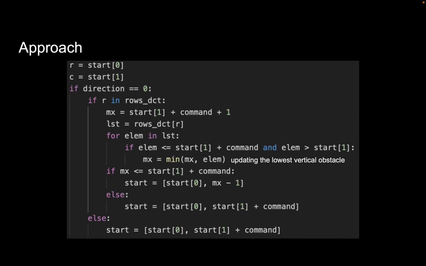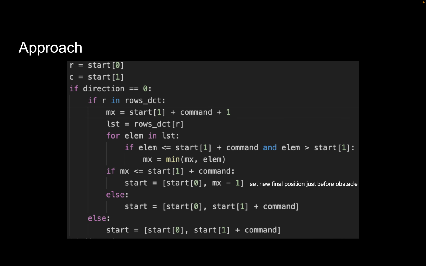We also need to ensure that this element is greater than our start y value, as it is possible for obstacles to be below our robot's position. In that case it's not relevant, as it's not going to stop our movement in any way. And we set mx to be the minimum between mx and the element. This ensures, as we discussed previously, that we stop at the lowest possible obstacle in our path of motion.